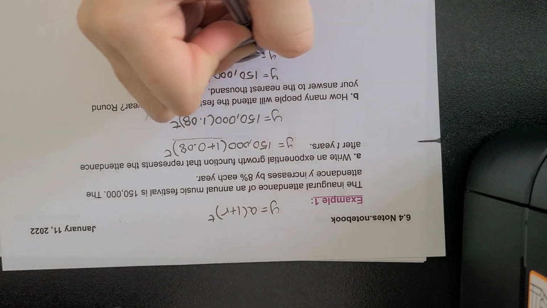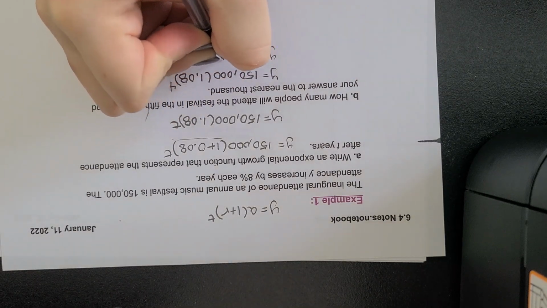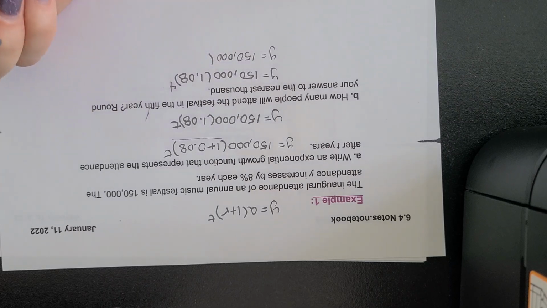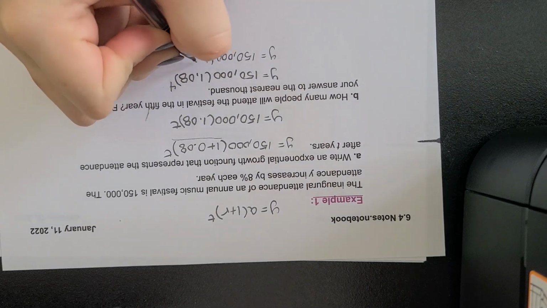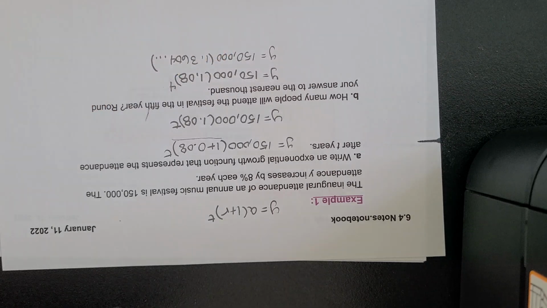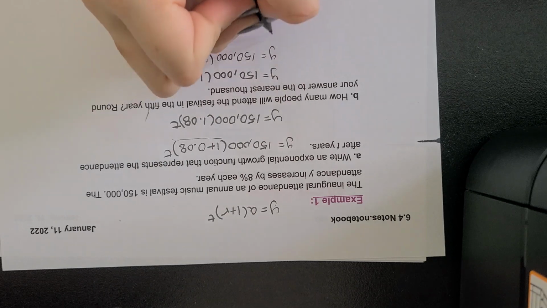So Y is going to be 150,000 times 1.08 to the 4, which is 1.3604, and so on. Multiply those.